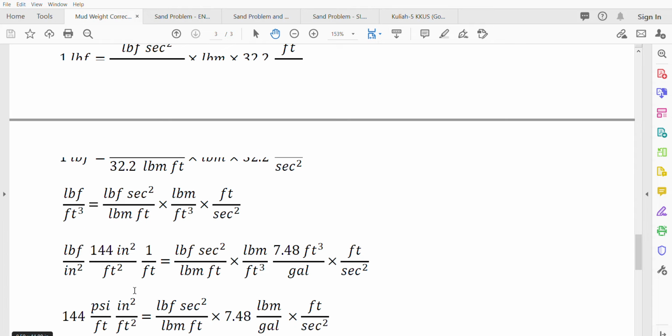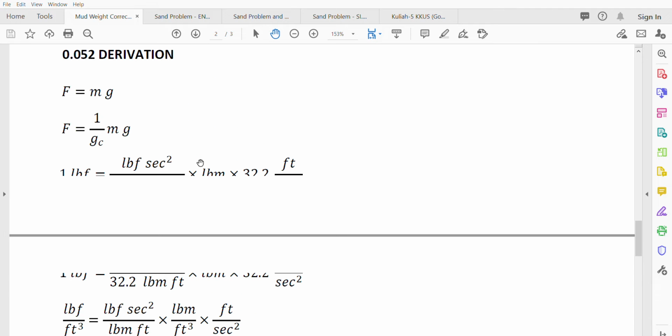Let's go back to this equation again. In this case, 1 pound force is caused by 1 pound mass. So it is different from SI. In SI, 1 Newton equals 1 kilogram meter per second square.